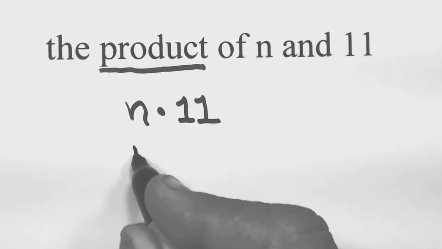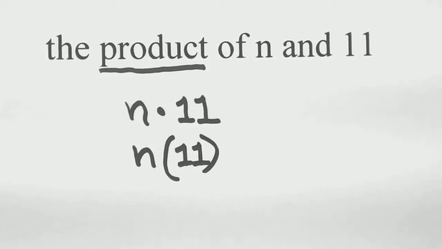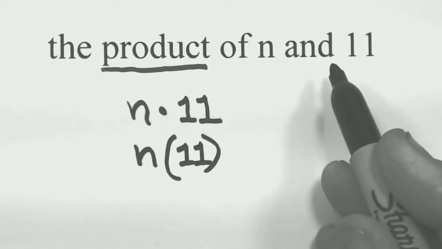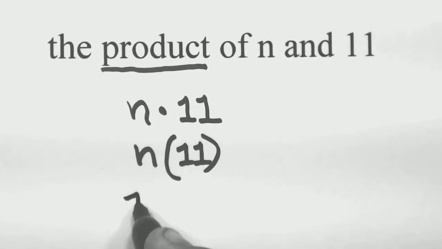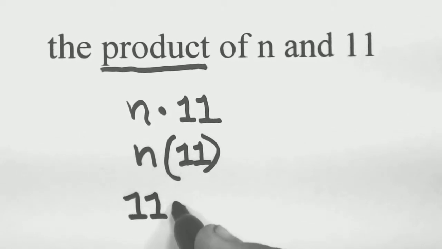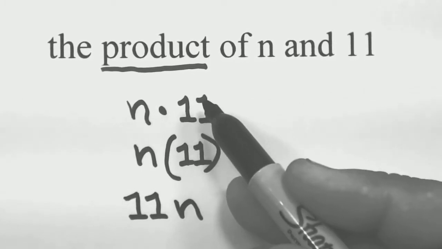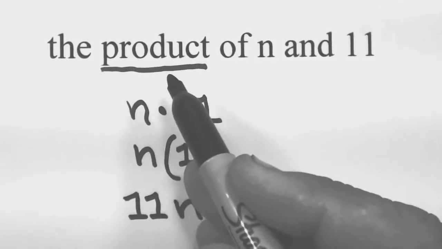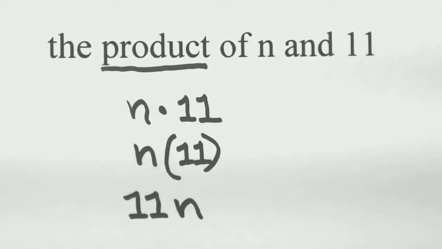Or I could turn around and write n and put 11 in the parens, but also because we can write these numbers in any order, I could also put the 11 in front and simply put the n after. And this is the way we often write things that are multiplied together. Any number next to a letter means multiplication. All three of these are the same and would give you exactly the same answer. The reason, of course, is that product means multiply, and you can multiply in any order.